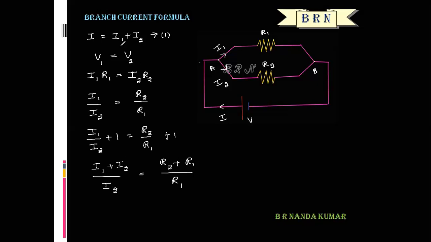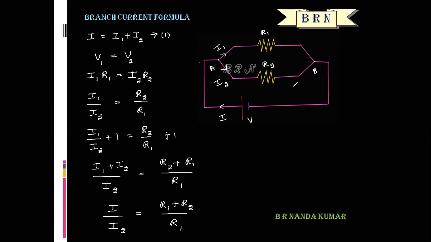So I1 plus I2, that is I, the main current, right? I divided by I2 is equal to R1 plus R2 divided by R1.